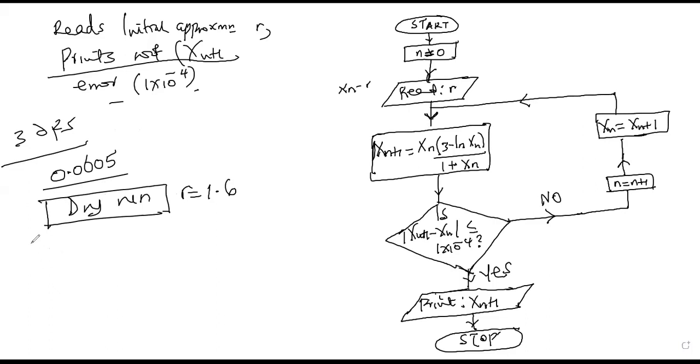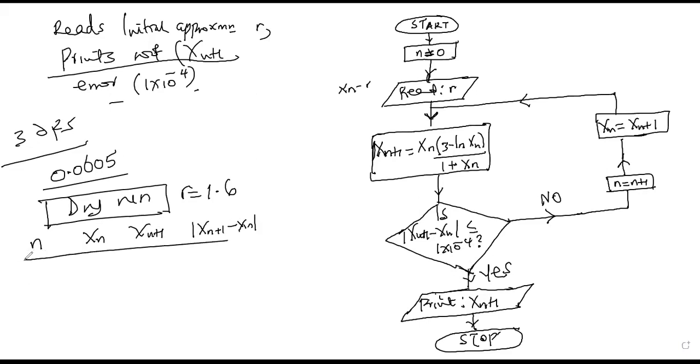It must have the number of iterations, the xn, the root xn plus 1, and where we are checking the magnitude of xn plus 1 minus xn.